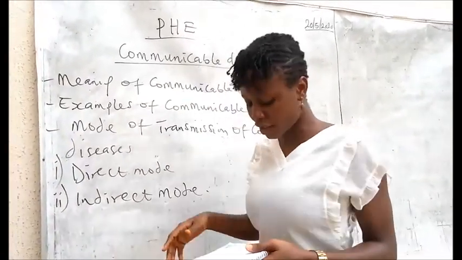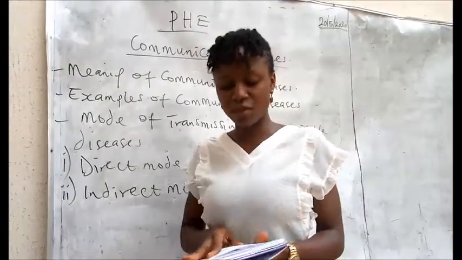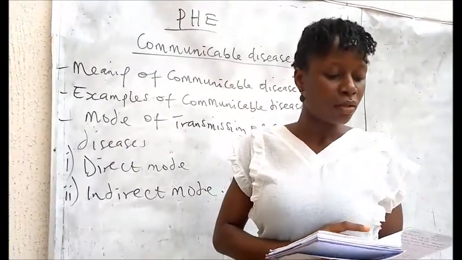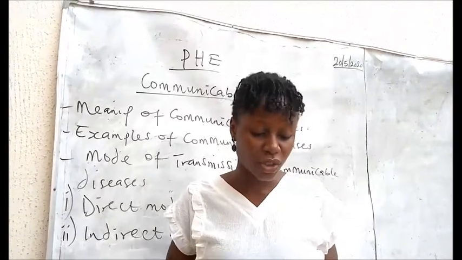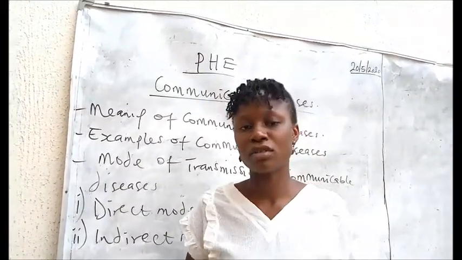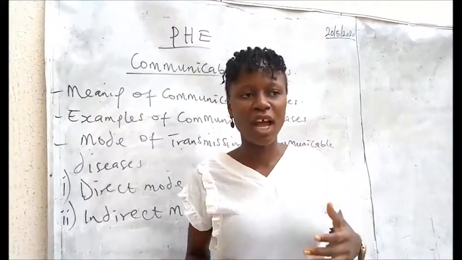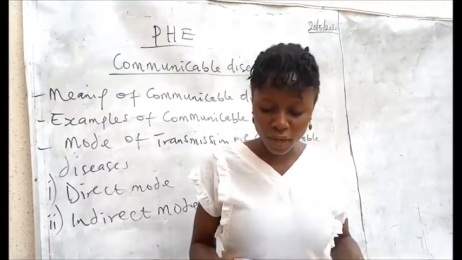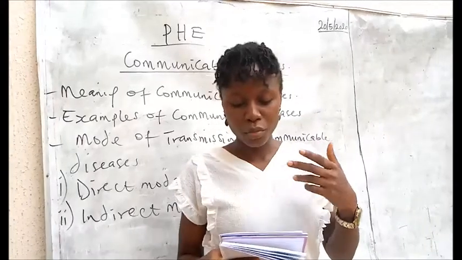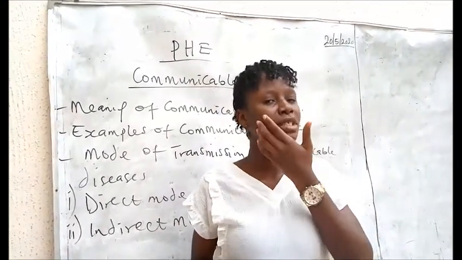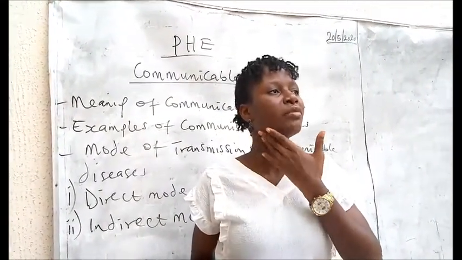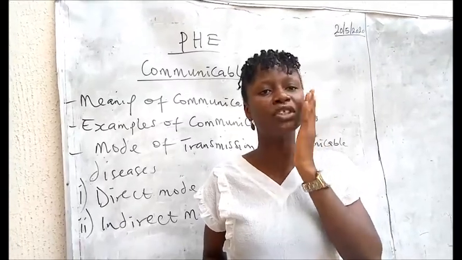Okay, then we have indirect contact. This means transmission of diseases when there is no form of contact with human beings or animals. So sometimes you may have diarrhea, or you may have cholera, or you have mumps. You know mumps, the inflammation of the neck and the face.